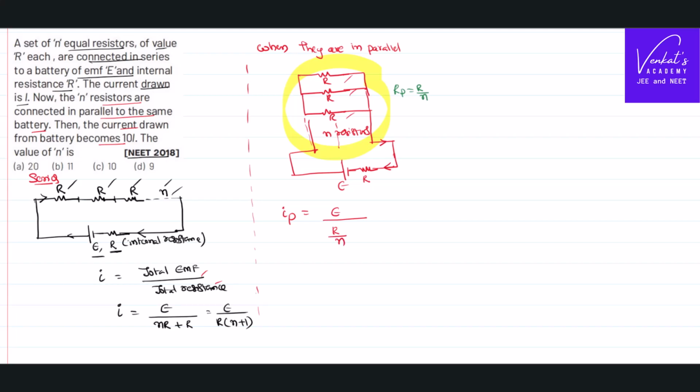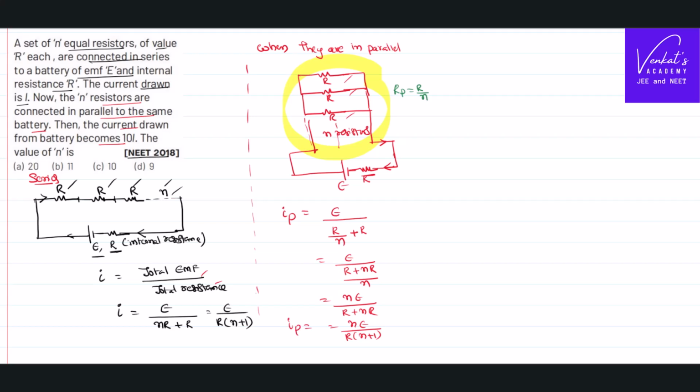For that, again this internal resistance behaves like a series resistance. So, I can simplify this as E by R plus R by n, that is nE by R of n plus 1, that is I parallel.